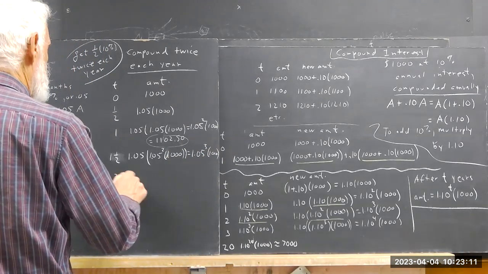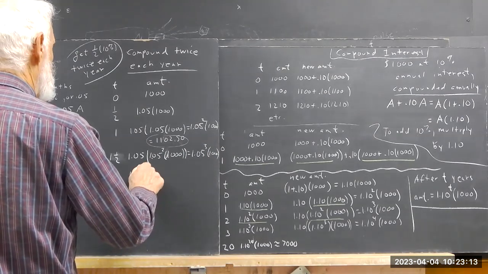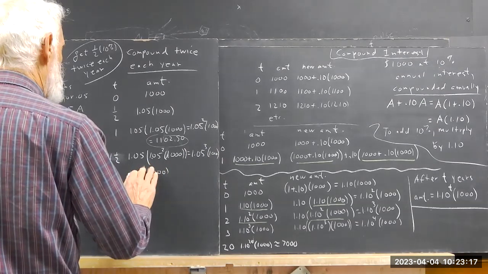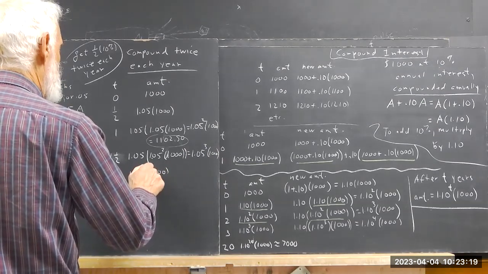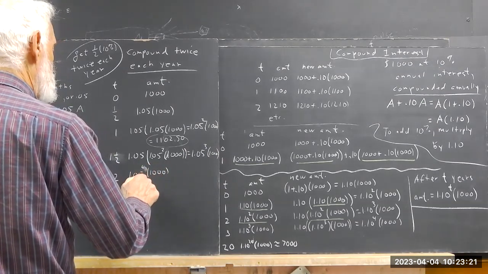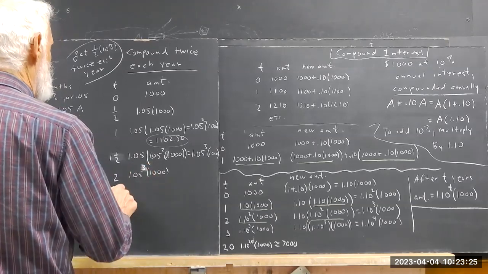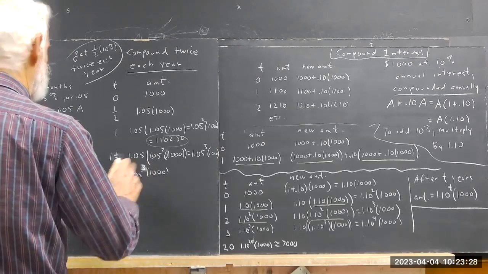Now, after 2 years, we do 1.05 cubed times 1,000, well, we do 1.05 times that, so 1.05 to the fourth. This is what we got.